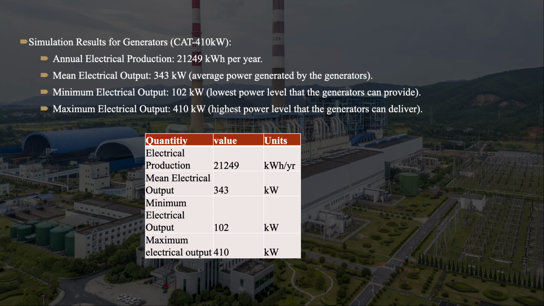These are the specifics for the diesel generator. The diesel generator will be producing the lowest amount of energy, which is a good thing, and the annual electrical production will be 2129 kilowatt hours per year.